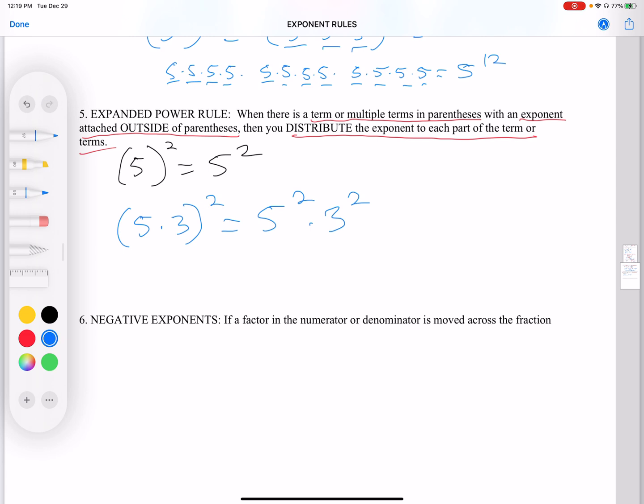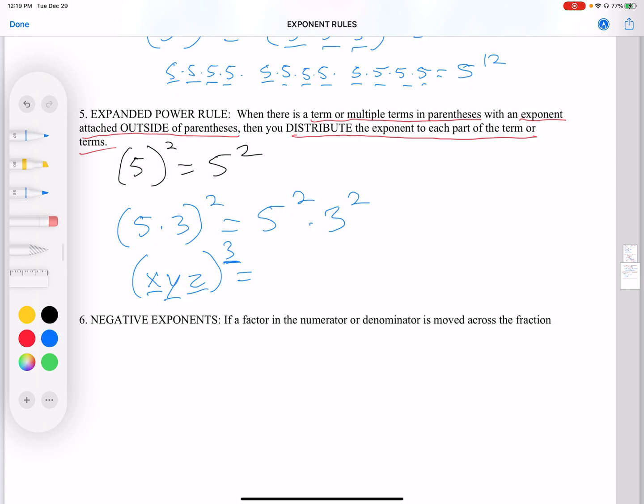Now, what I do want you to realize is that I have the two numbers in parentheses. I don't care if I have 5 numbers in parentheses. I don't care if I have a variable in parentheses. Okay, it could look like this: x, y, z to the third. This means that I'm going to apply this 3 to every single base. Okay, all of these bases are individual.